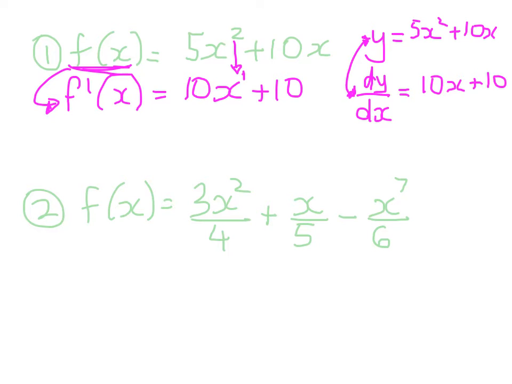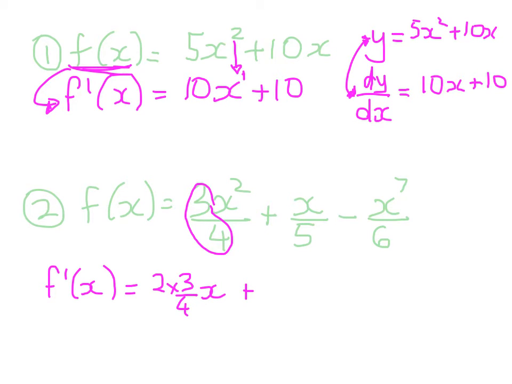Okay, the next one is where people start to come a little bit unstuck, and that's because we have got fractions going on. But the rules apply just as usual. So f dash of x here is going to be equal to 2 times 3/4 x plus, well, this is x to the power of 1, so the gradient function is just going to be 1/5, minus 7x to the power of 6 over 6.